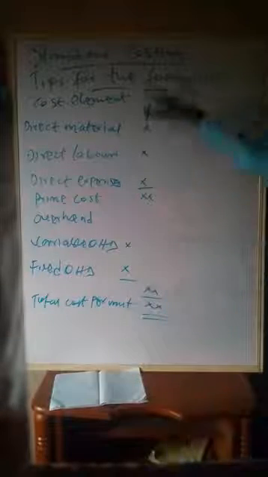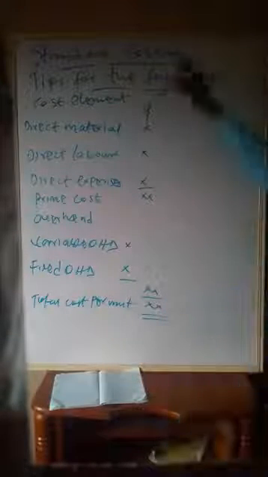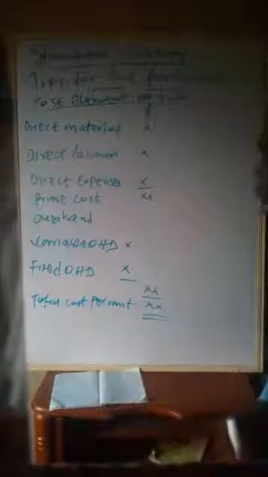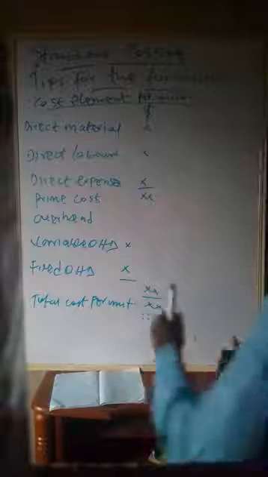So if you understand cost elements this way, cost element per unit, standard costing will be easier for you to understand.